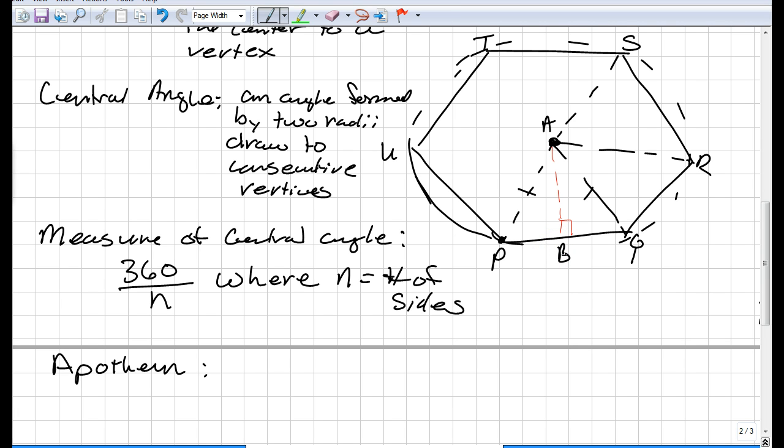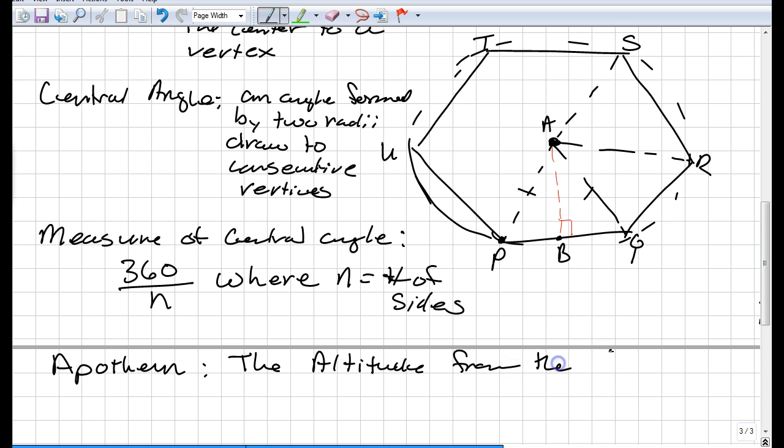So the apothem is the altitude of the triangles. Okay, so the distance from the center to the opposite side. So it's an altitude. So the apothem is the altitude from the center to the opposite side. Okay? All right.